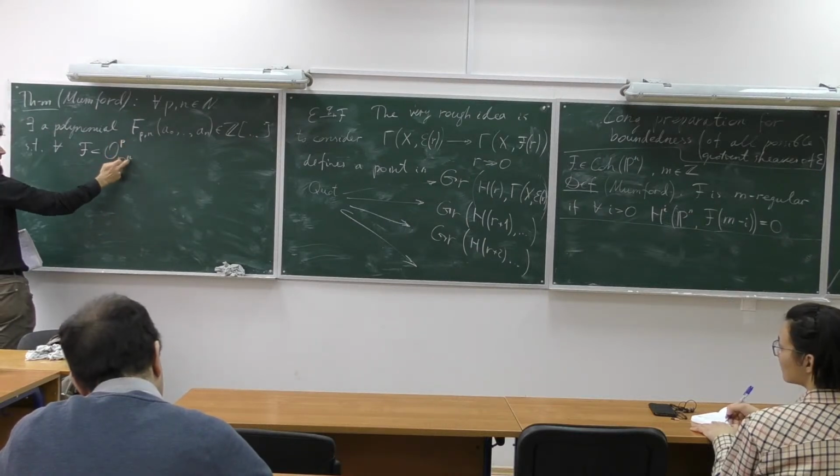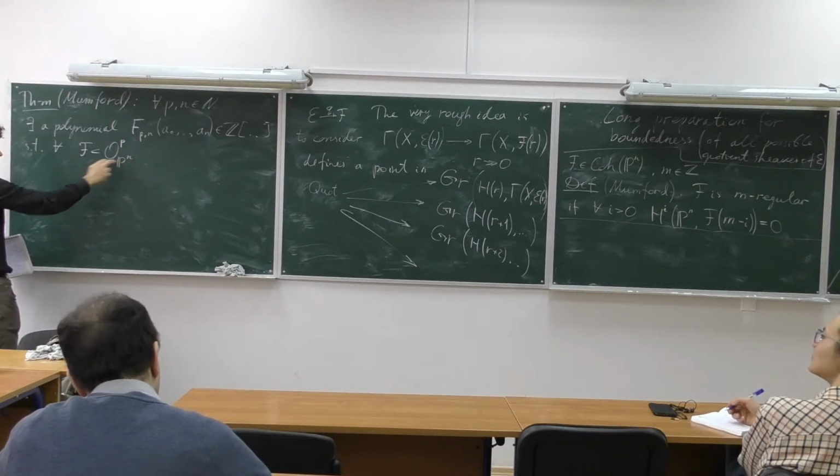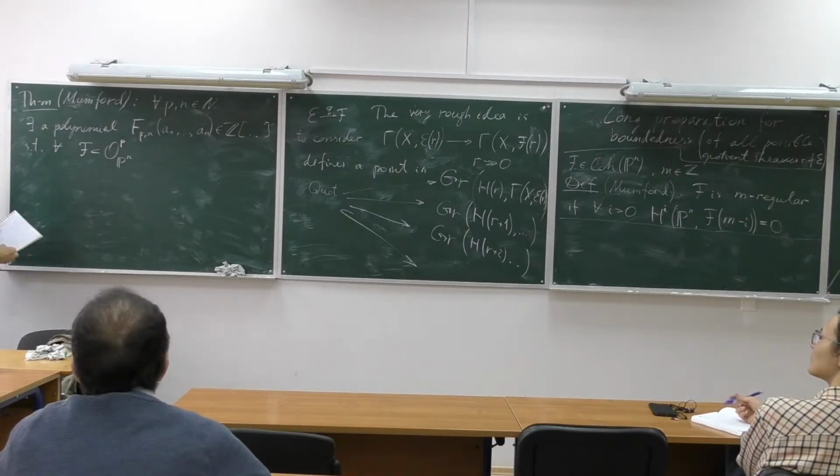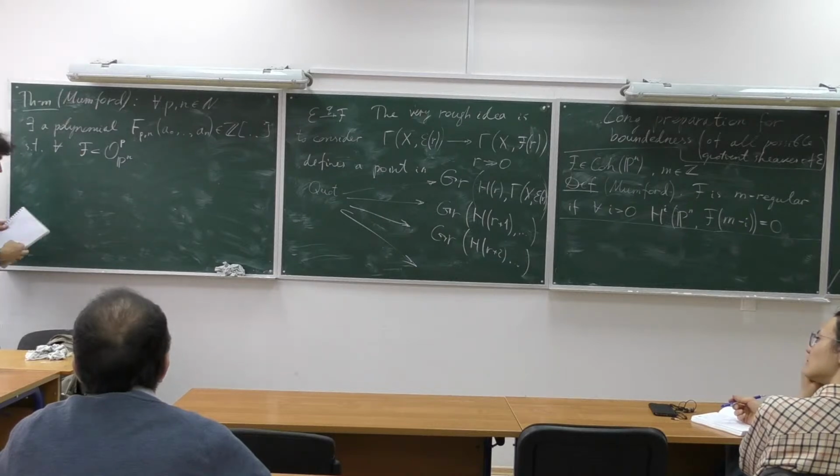So m is the dimension of the projective space, p is the rank of the ambient vector bundle, and we consider all the subsheaves here.